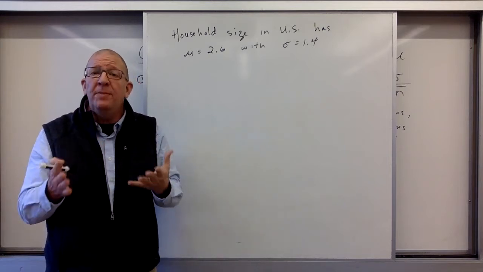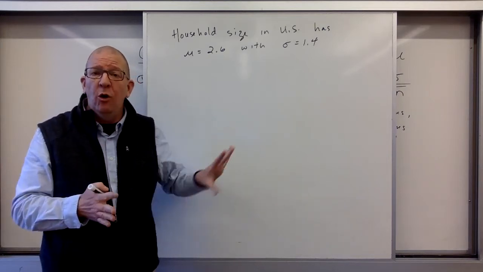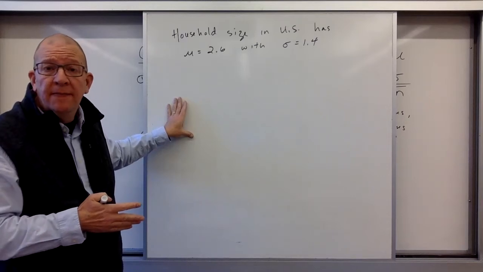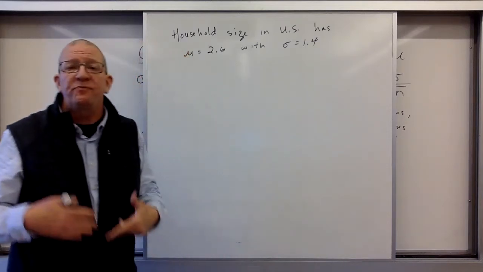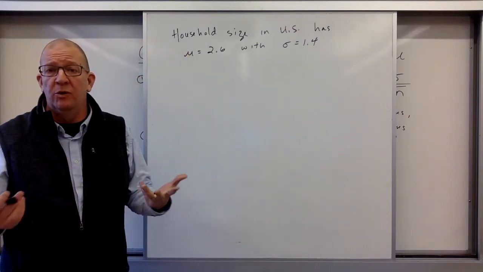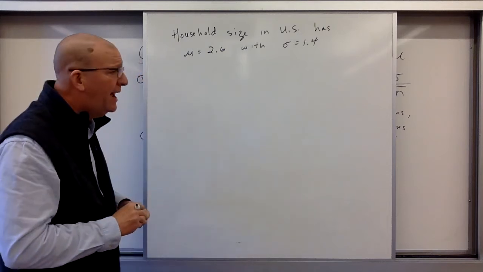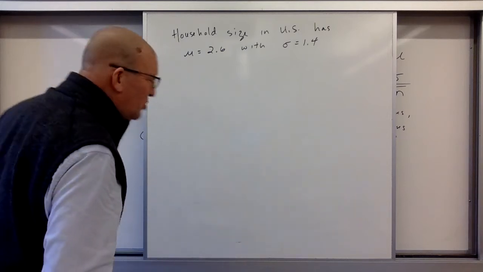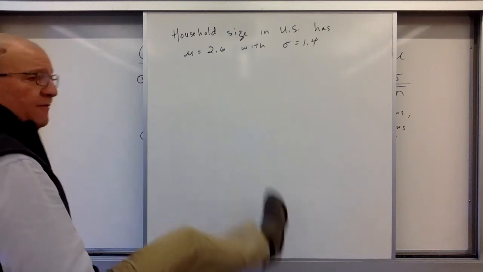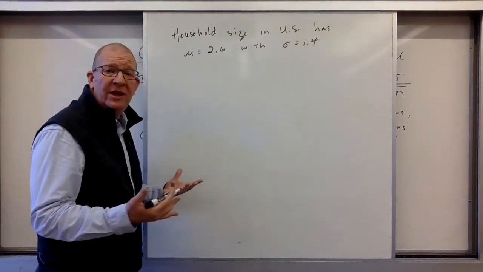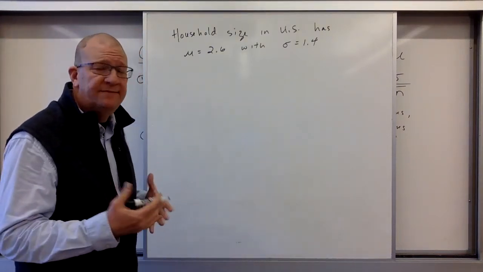You have a whole lot of people living by themselves. So you've got a whole bunch of ones, and then you've got your family units. So this is not normally distributed. In fact, if you think about it, we're going to be skewed right.